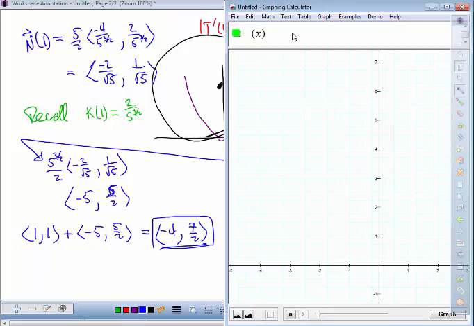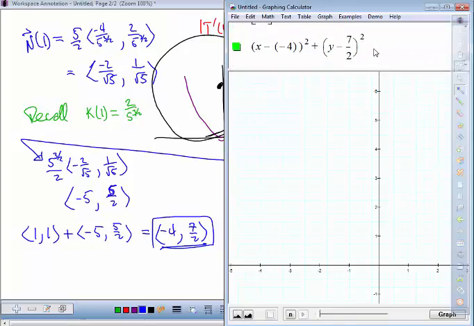So the equation of the circle is x minus the x value squared plus y minus the y value squared is equal to the radius. What was the radius again?